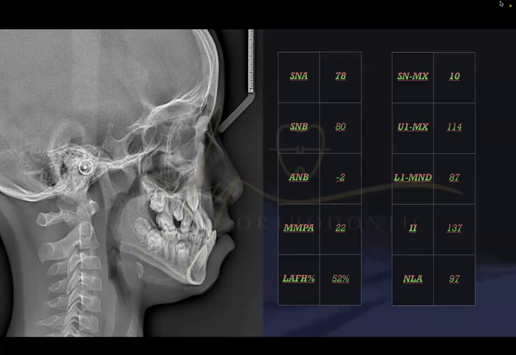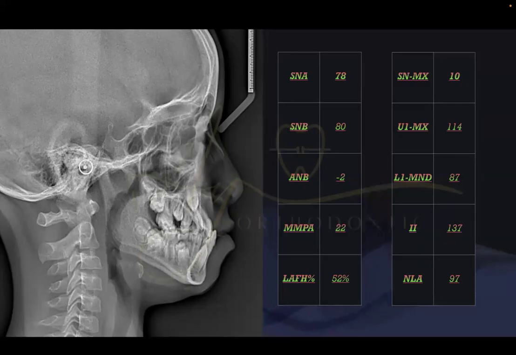The skeletal parameters show the pathology: skeletal, dental, and soft tissue. Okay, and don't forget the oral hygiene in the first place. Okay, you need to be more systematic.